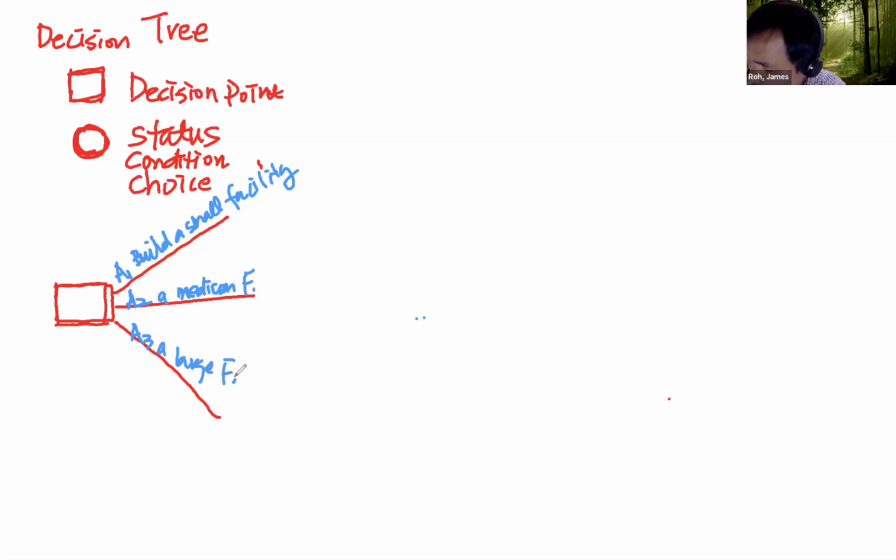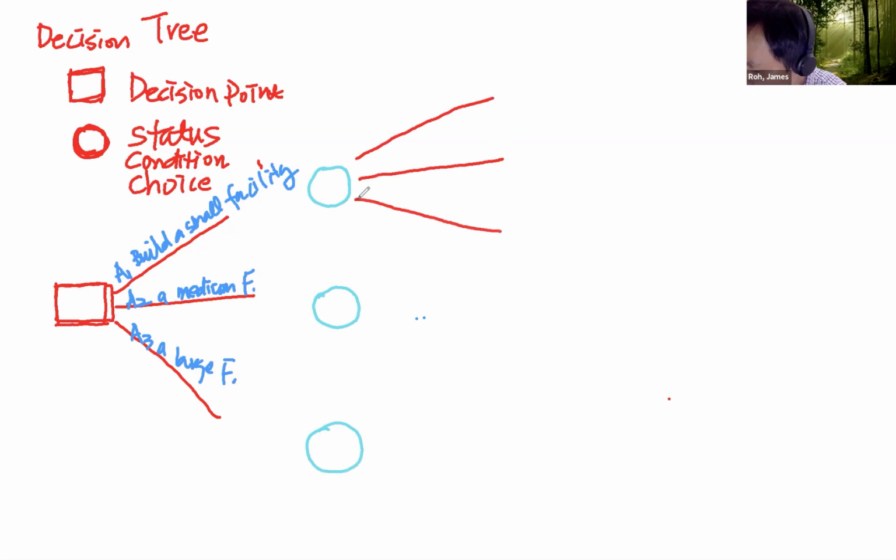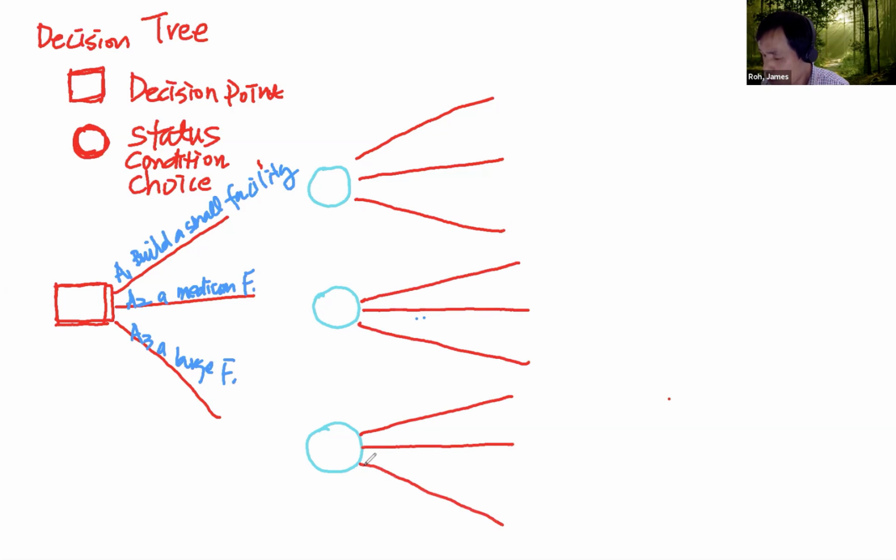And we find that there are different choices to make, 1, 2, 3, because now you have three different statuses. First one is high demand, second is moderate demand, and then low demand. Similarly, here is high demand, moderate demand, and low demand, right? So we have three choices to make.